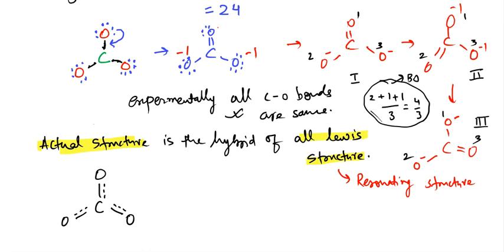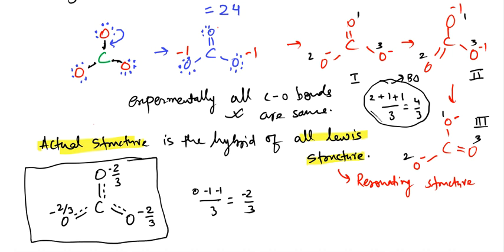And if I calculate the charge on each oxygen atom, it will be minus 2 by 3, minus 2 by 3, and minus 2 by 3, which is the average of 0, minus 1, minus 1: 0 minus 1 minus 1 divided by 3, so basically minus 2 by 3. Now in this actual structure, which is the hybrid, all carbon-oxygen bond orders are the same, all bonds are the same.